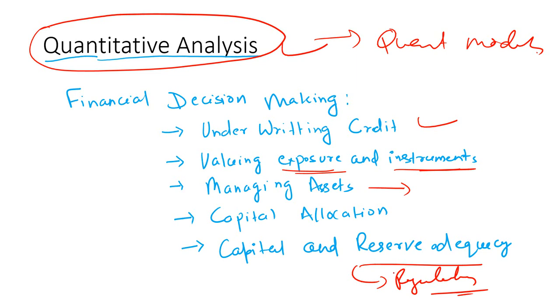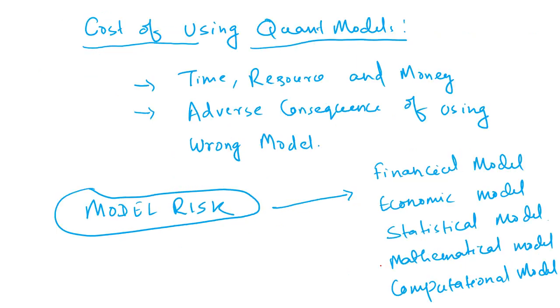They use a number of theoretical areas or academic domains, which include economics, finance, statistics, computer science, applied mathematics, and so on. So quantitative models are very useful for a number of decision making processes, and particularly useful for risk management.